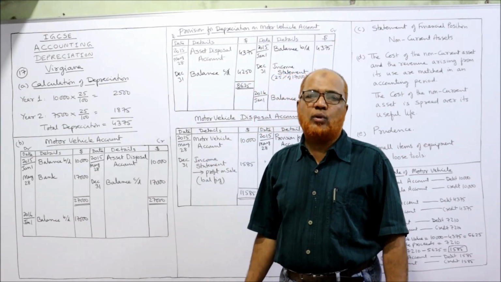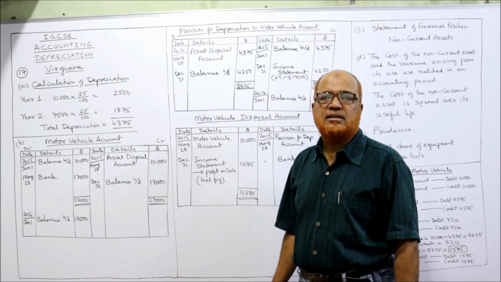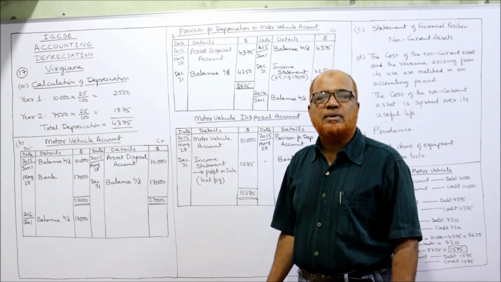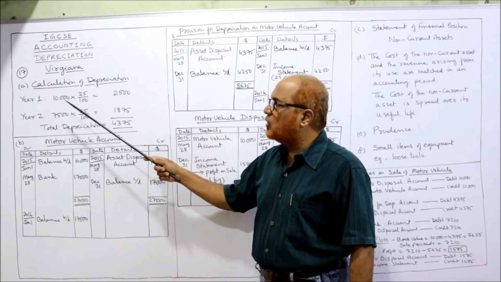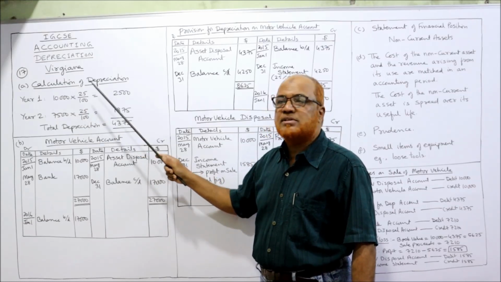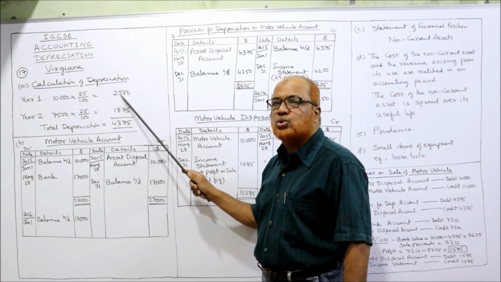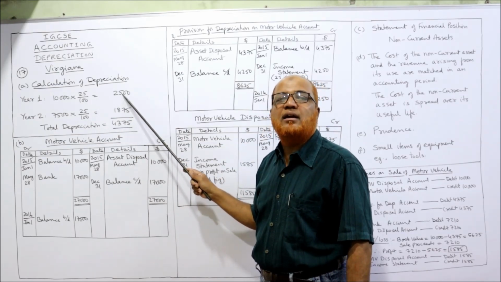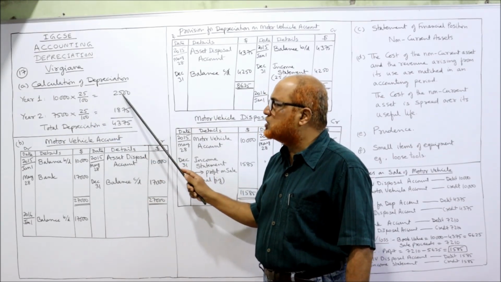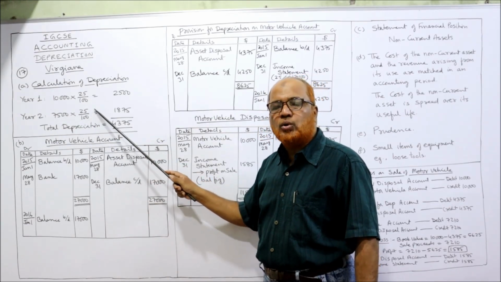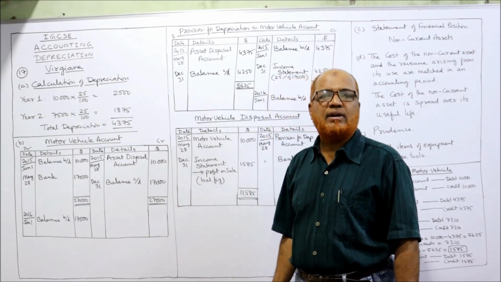Second year, 2014. Now we are following the reducing balance method. According to this method, deduct the depreciation. What is the cost of the motor vehicle? 10,000. How much depreciation in the first year? 2,500. So 10,000 minus 2,500, the written down value is 7,500. 7,500 into 25 by 100 comes to 1,875.